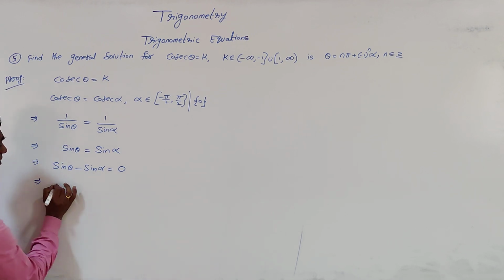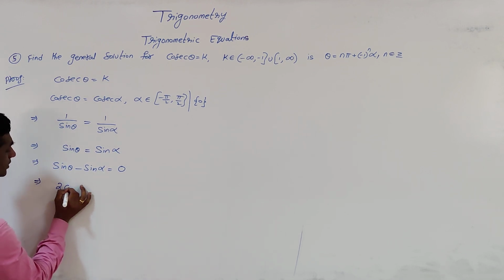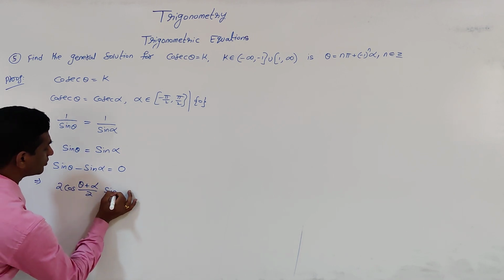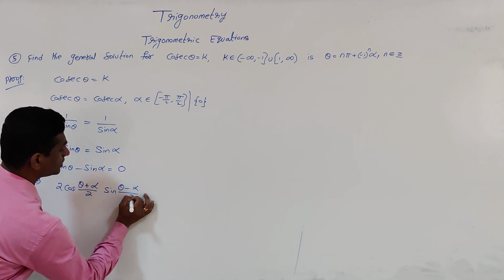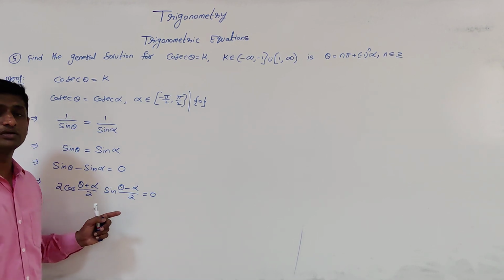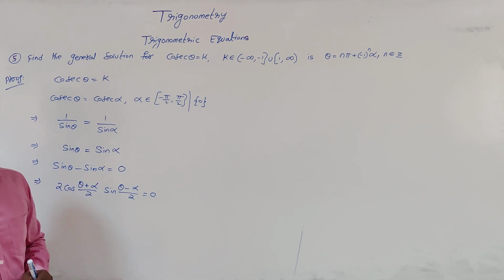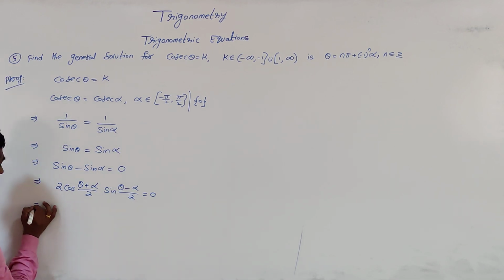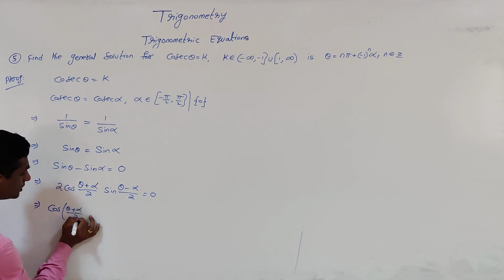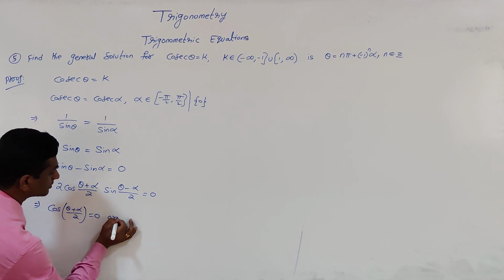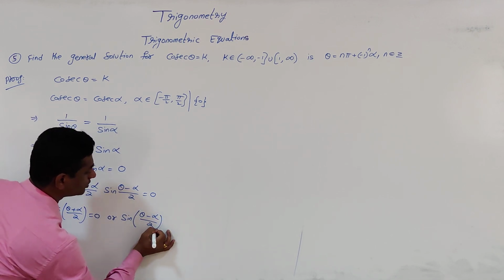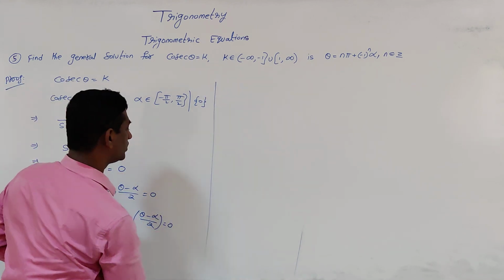That can be written as 2 cos of (theta plus alpha) by 2 sin of (theta minus alpha) by 2 is equal to 0. We have seen this type of model where sin theta is equal to k, so cos of (theta plus alpha) by 2 is equal to 0, or sin of (theta minus alpha) by 2 is equal to 0. So directly I am going for the general solution.